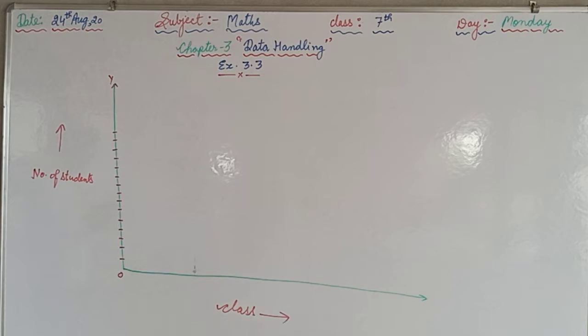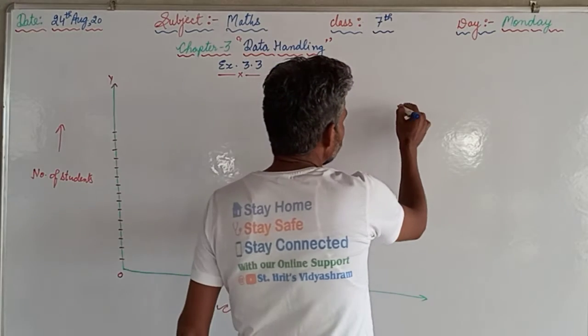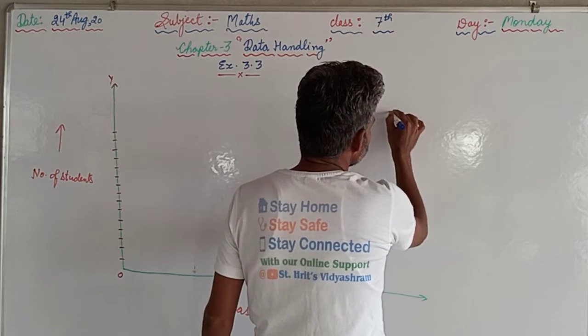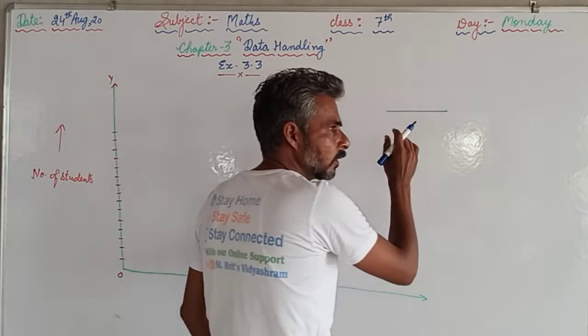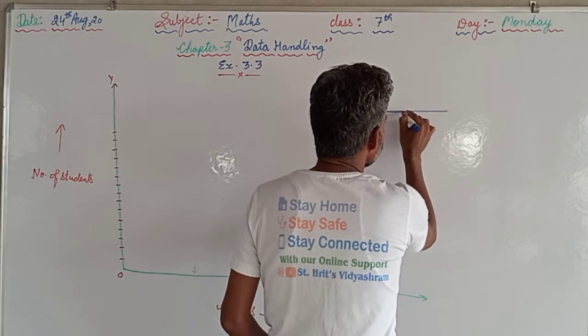So the number of students is too much, so according to the number of students we are supposed to select the scale. How would you choose a scale? In the graph notebook you will find that this type of box is there. I will draw the box.